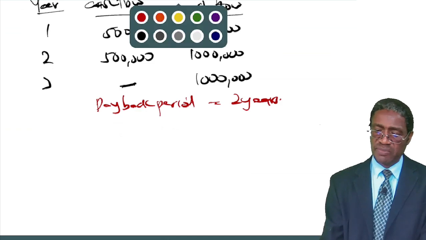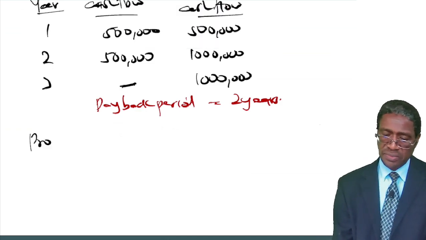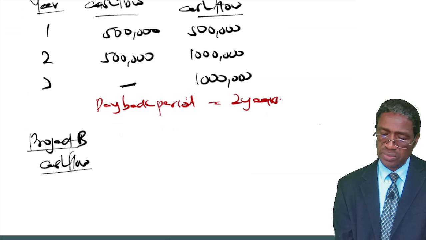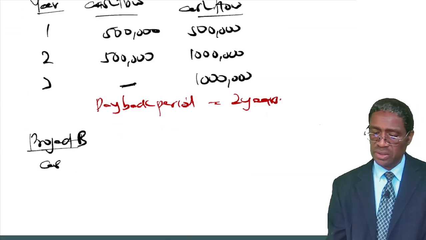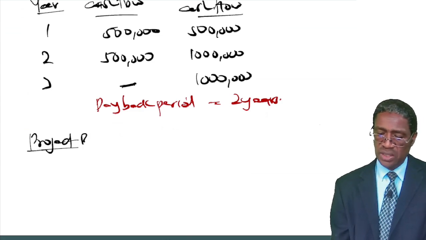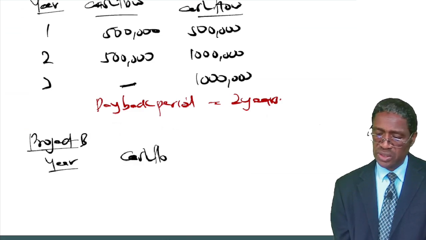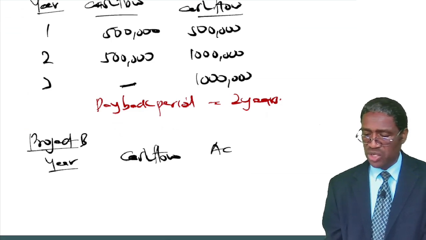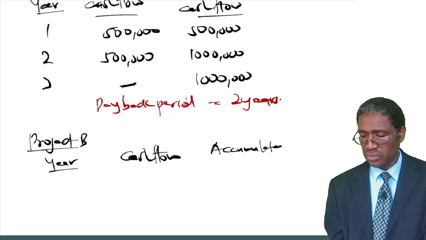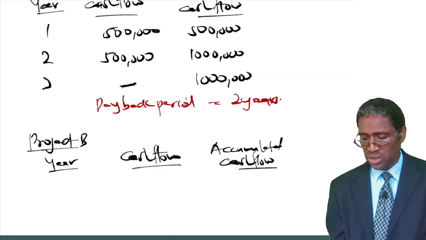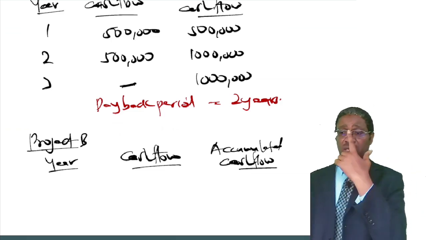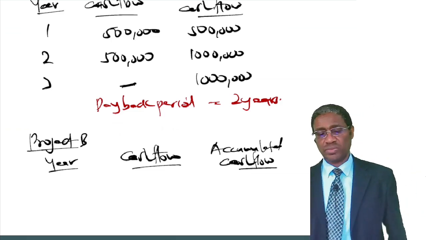Let's do the same for project B. Again, we start with the year, then cash flows, then accumulated cash flows. Let's go back to the question and copy the data.